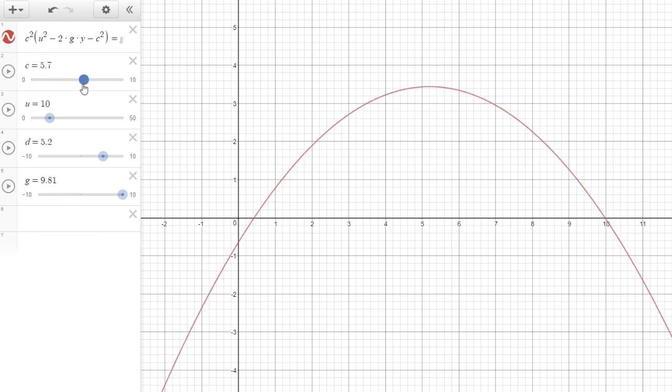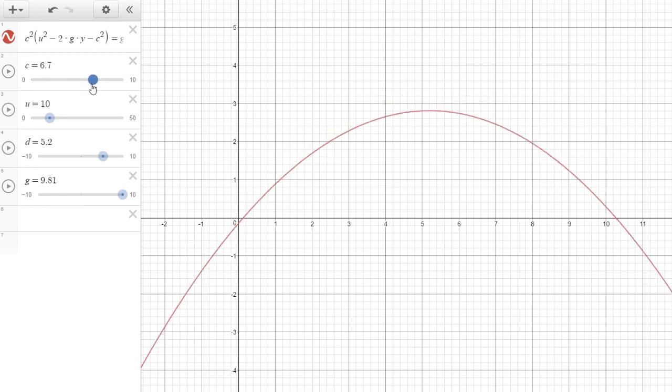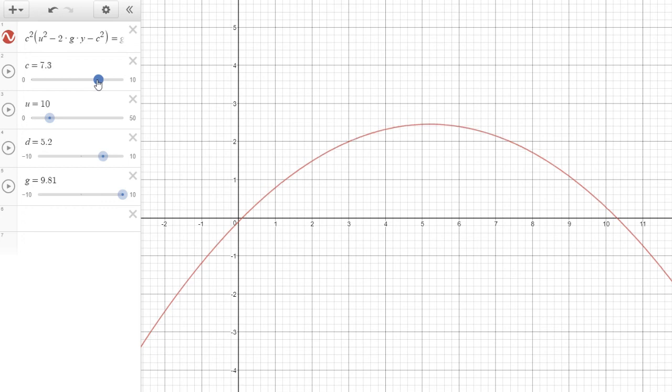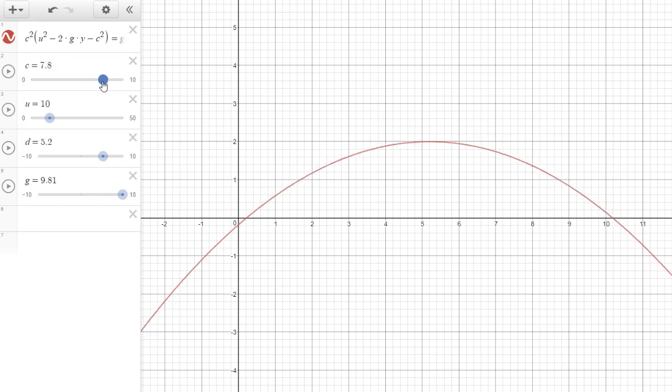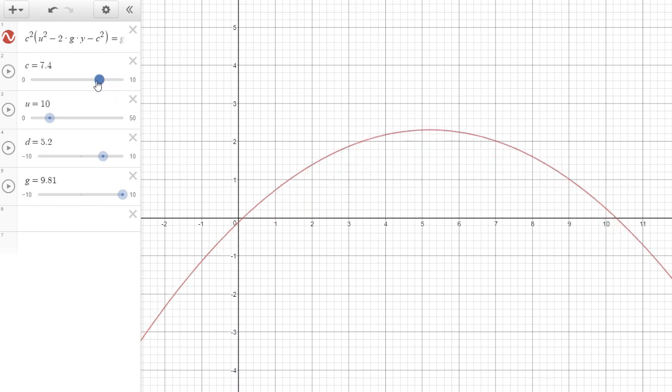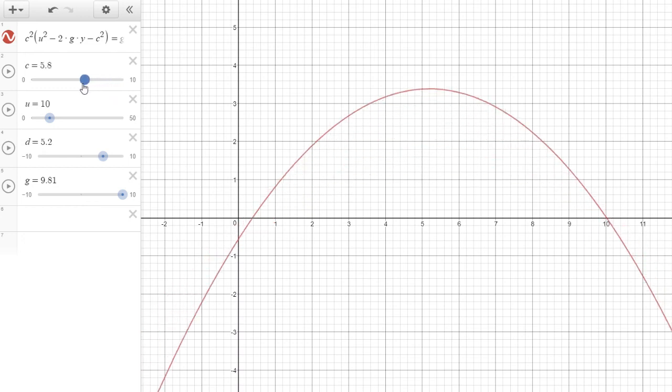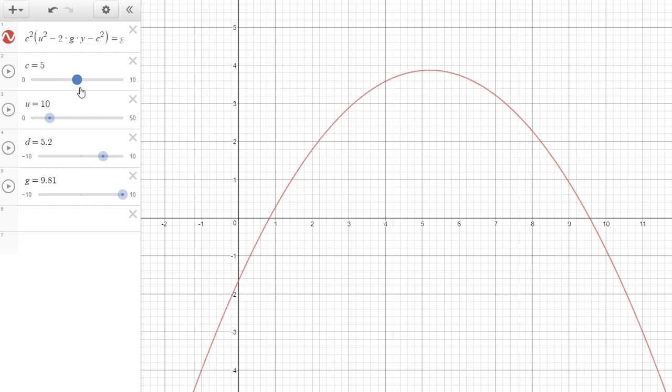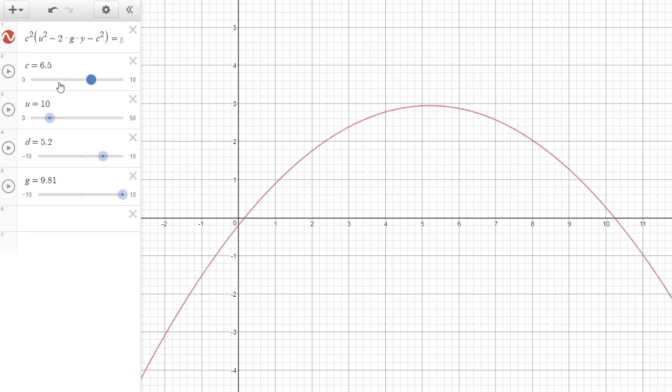You can see that at 45 degrees it's roughly the furthest, but when you go beyond it, the distance drops off and drops off. The distance increases to a maximum and then drops off, as you'd expect. So the equation does work.